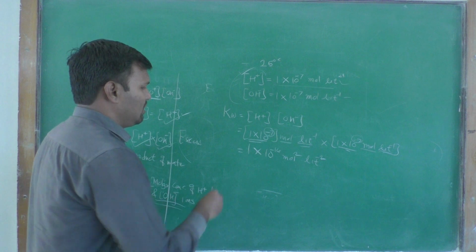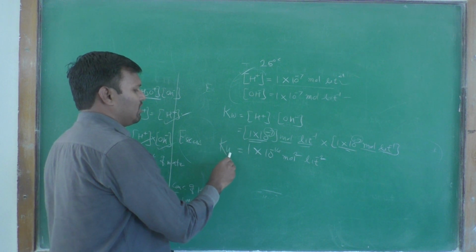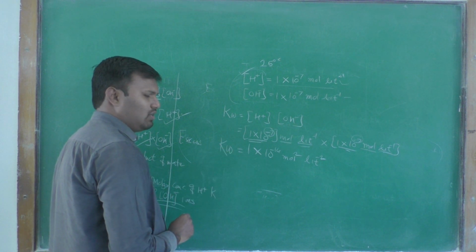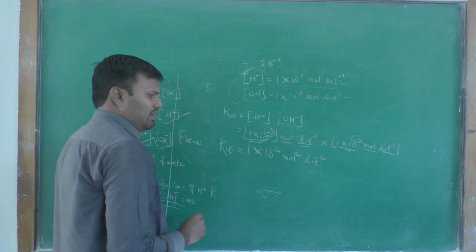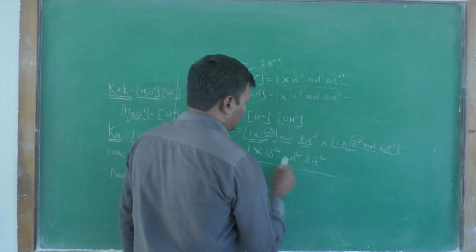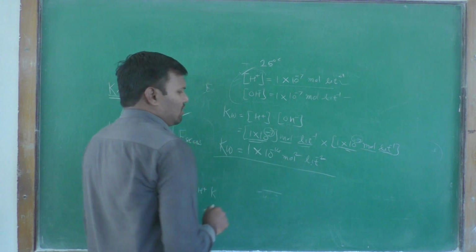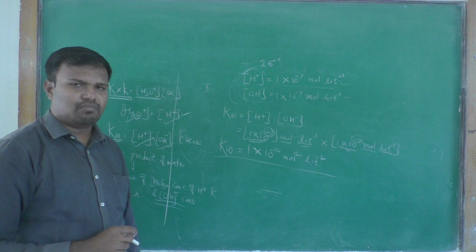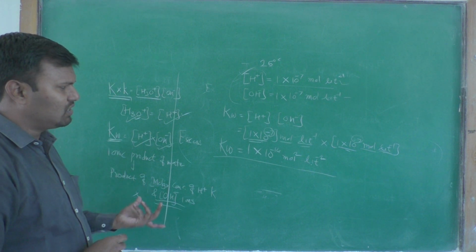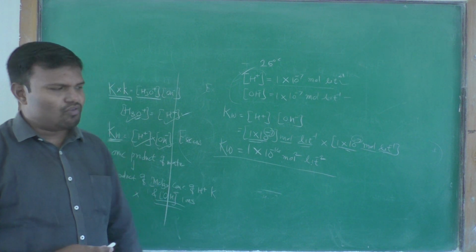Therefore the ionic product of water at 25 degrees Celsius, found experimentally, is 1 into 10 raised to minus 14 mole square liter raised to minus 2. This is the experimental value we have found.